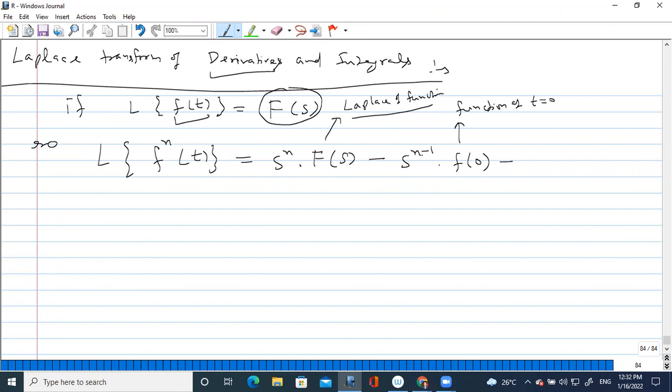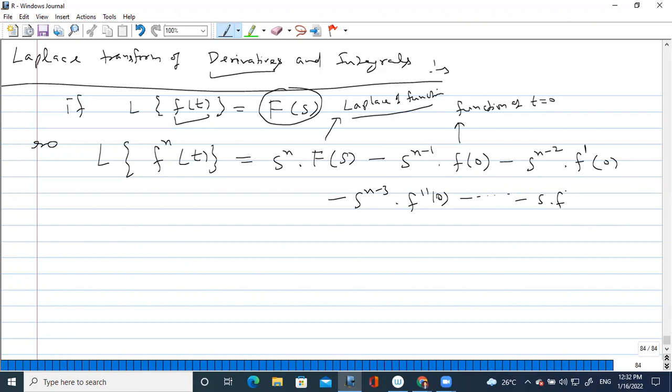Now in the next term you put s to the power n minus 2. Next it will be f dash. Now this dash will increase, n will reduce, dash will increase, at 0. Next term minus s to the power n minus 3 into f double dash 0. So like this I will go on. The second last term will be s, because by reducing it will be remaining s.